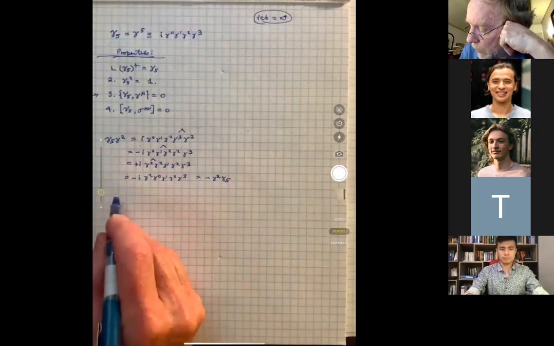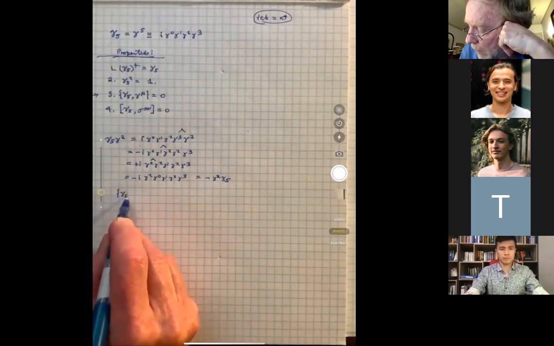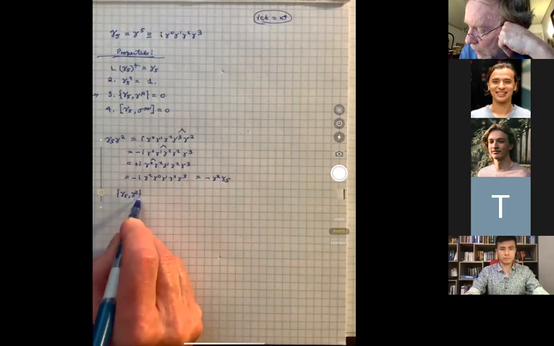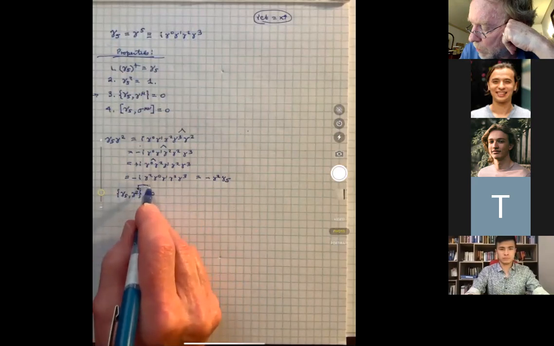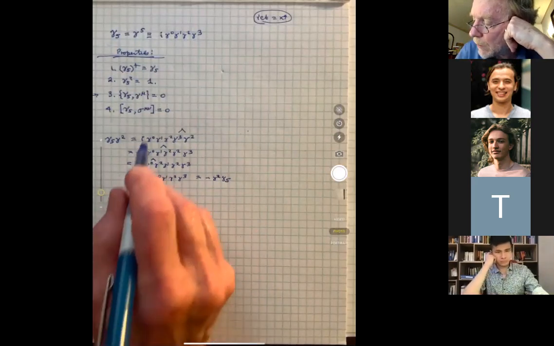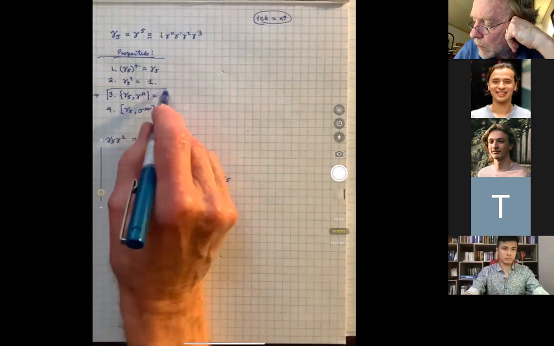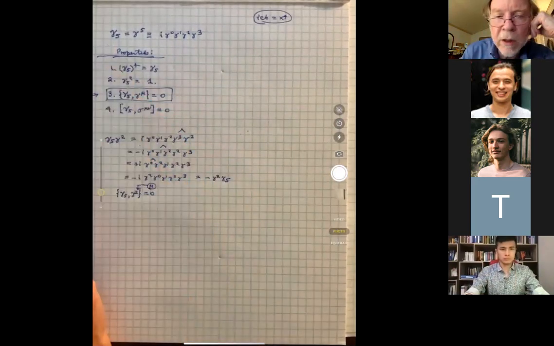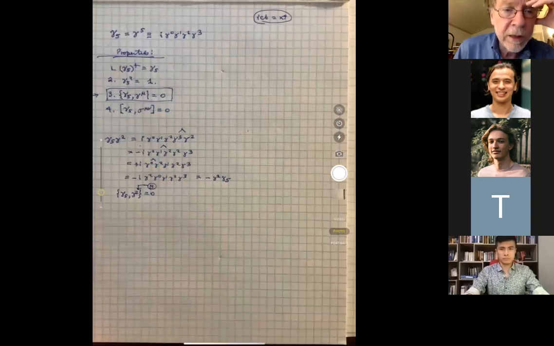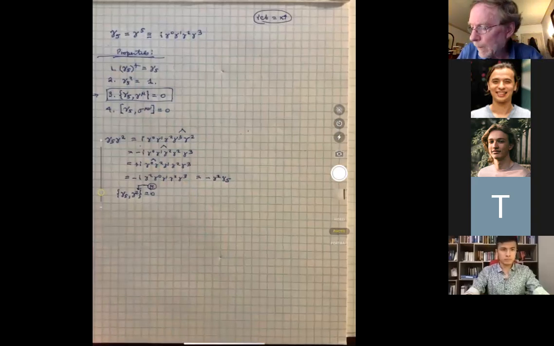So bringing that over to the other side, we have the anti-commutator of gamma 5 with gamma 2 equals 0. And by a similar analysis, you can replace this 2 by any mu whatsoever, and you can then verify this formula number 3. I won't do any of the others because they're all equally straightforward to do, just starting from the definition. But these are the properties of gamma 5.